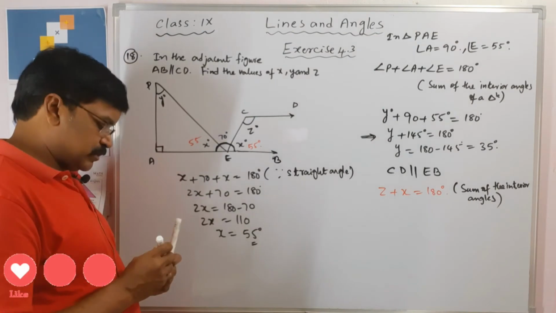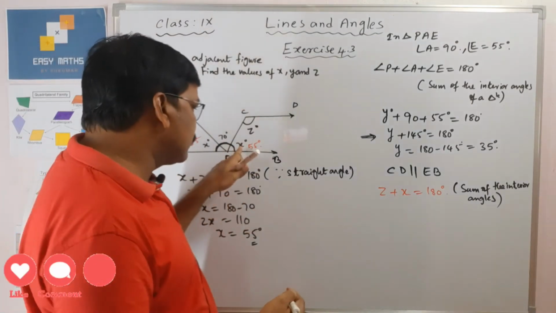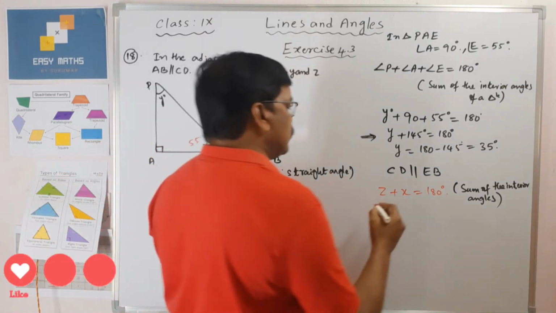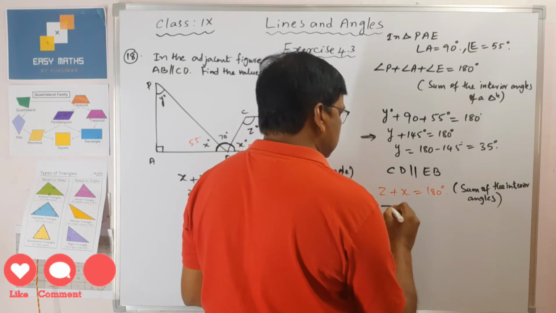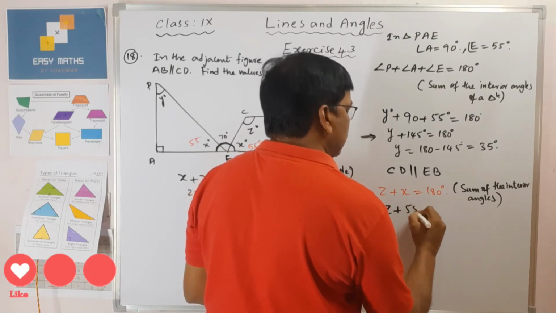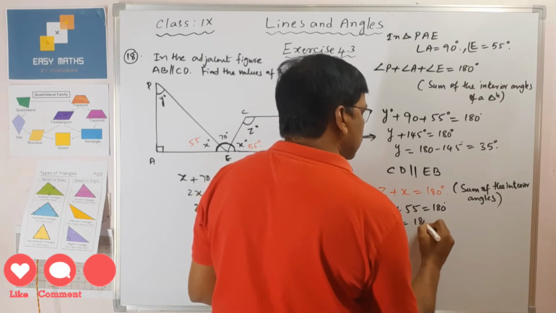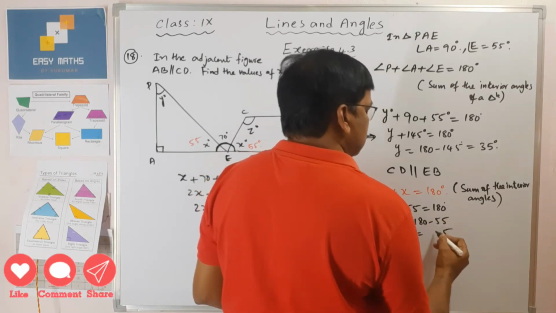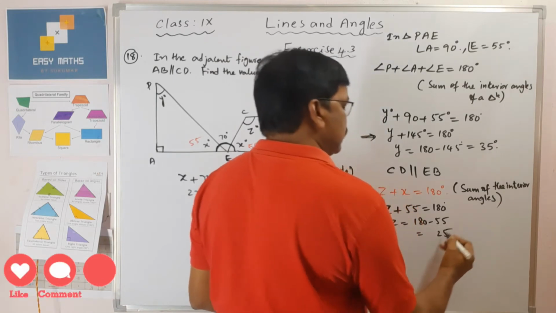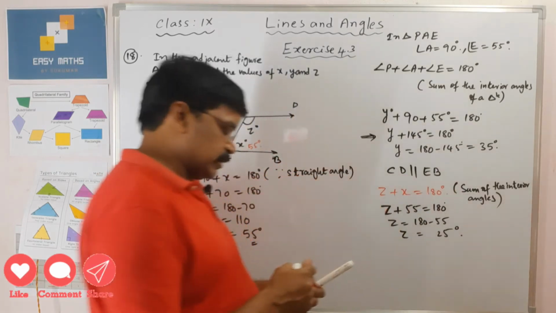So my dear students, here this Z is unknown, but we know the value of X. So that means Z plus 55 is equal to 180. So Z is equal to 180 minus 55. So this is 125 degrees.